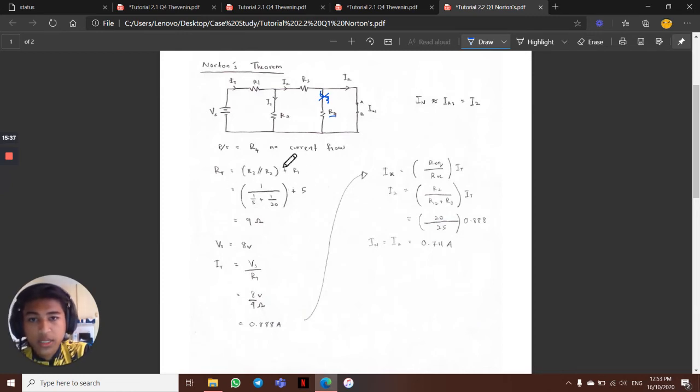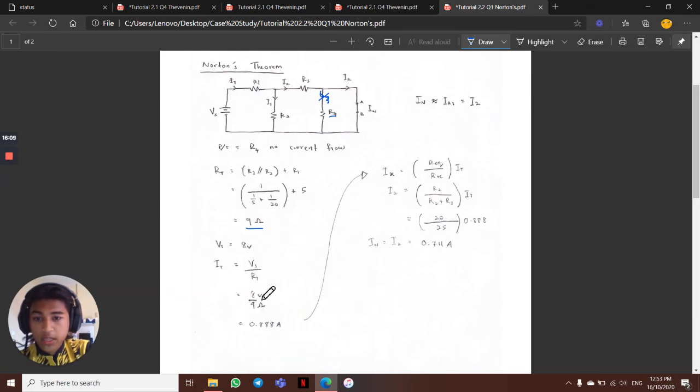R total is just calculated as usual without including R4, because R4 is already eliminated, since the current doesn't flow through R4. So we'll get the RT, which is 9 ohm, using the formula R3 divided by R2 plus R1. Then we can insert the value of RT to find the current total IT.